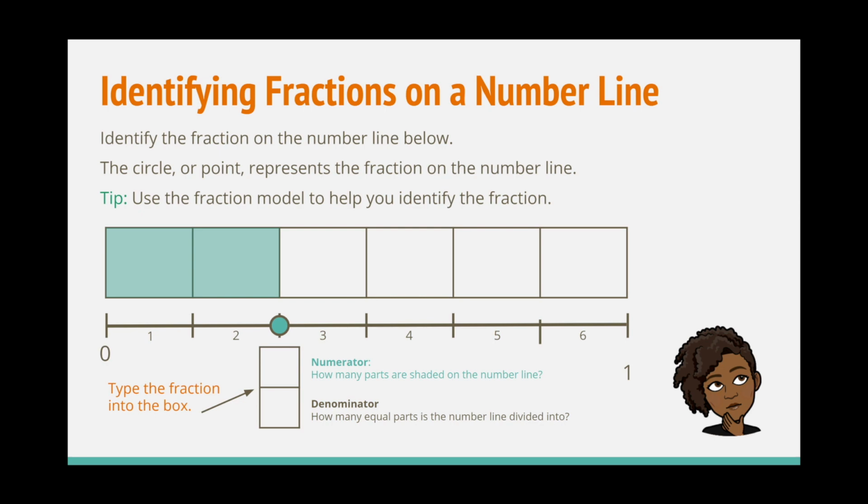So that tells me that the denominator is 6. Now I need to figure out the numerator, or the top number in the fraction. In my fraction model, I have 2 parts shaded in, and on my number line, the dot is on the second mark. So the numerator, 1, 2, at the second spot, should be 2.